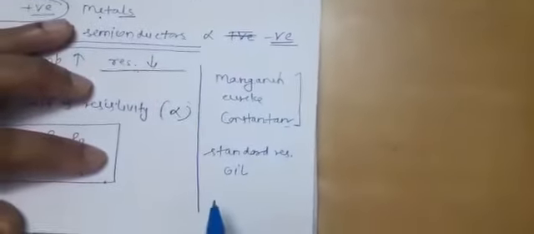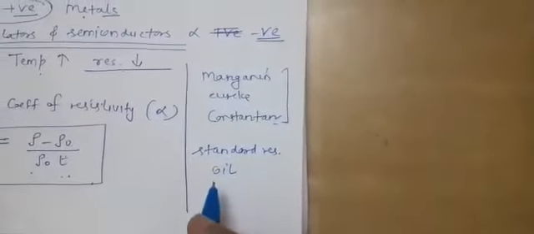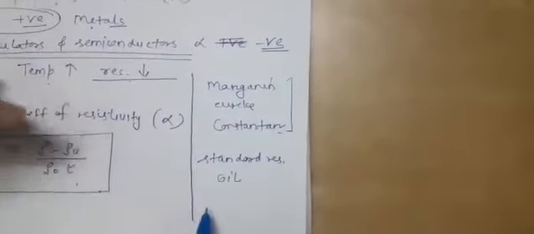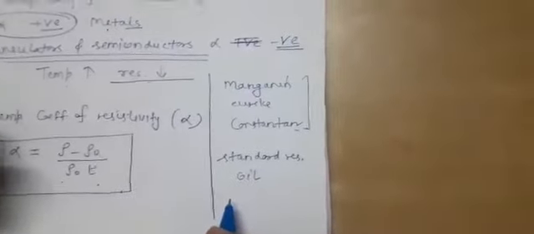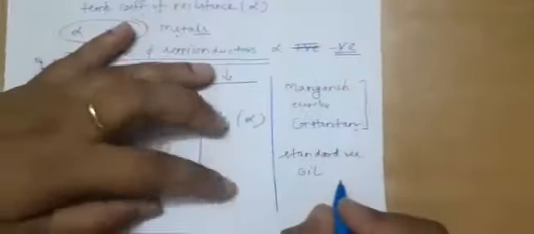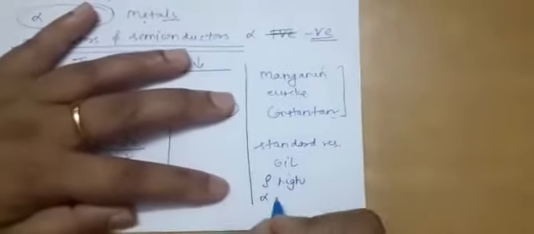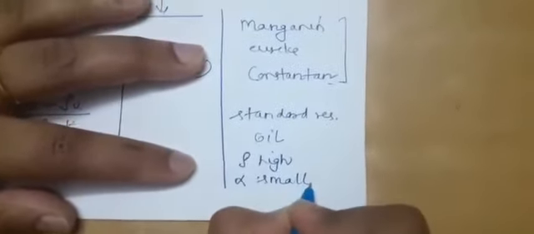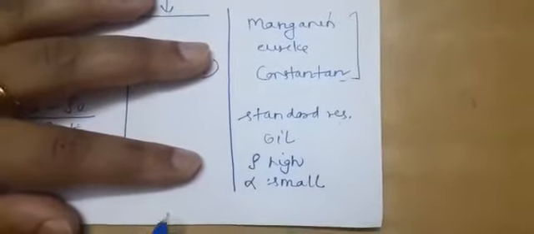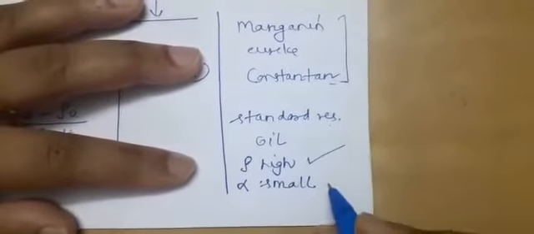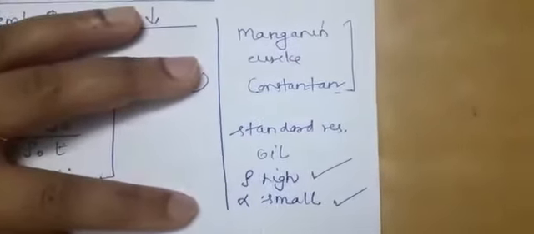Basically the resistances made in the resistance coils are made of these alloys. So what is the reason why these materials are preferred? This is a very important conceptual question that can be asked. What is the property which makes these alloys suitable for making standard resistance? As alloys, these have very high resistivity, and the temperature coefficient of resistance is very small. These are the two points to keep carefully in mind: resistivity should be high and temperature coefficient should be small.